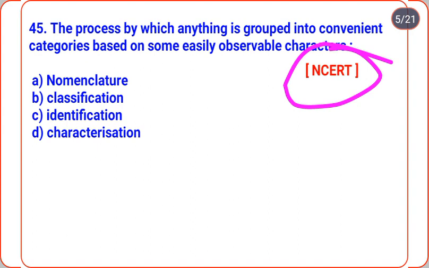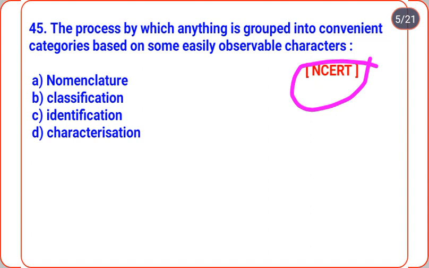So first of all we should try to find out the correct answer and then identify the correct one. The process by which anything is grouped into convenient categories based on some easily observable characteristics.